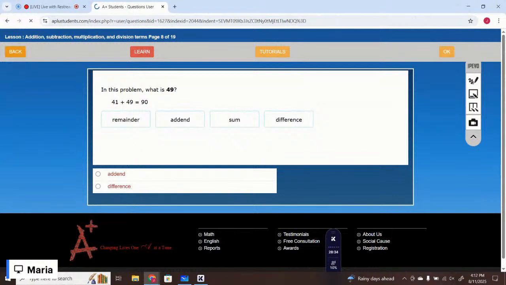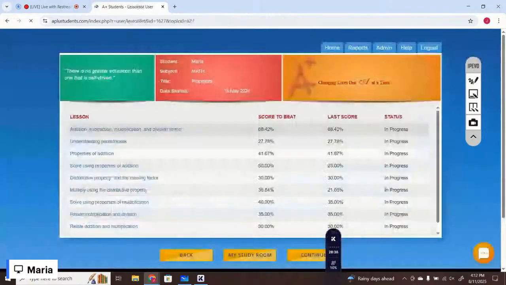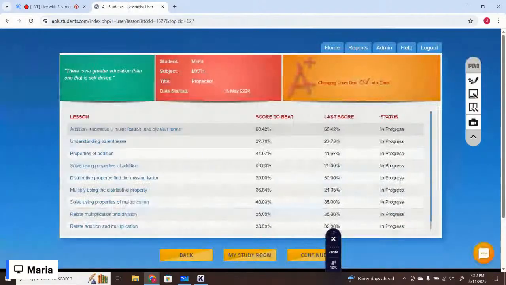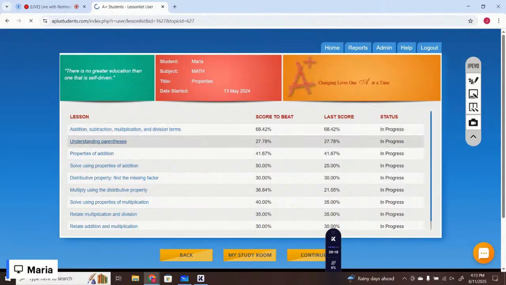The next lesson is understanding parentheses.